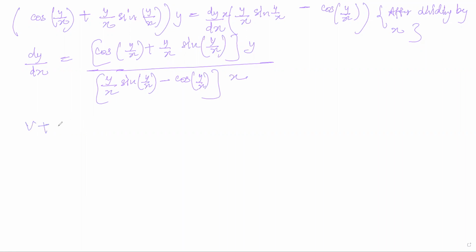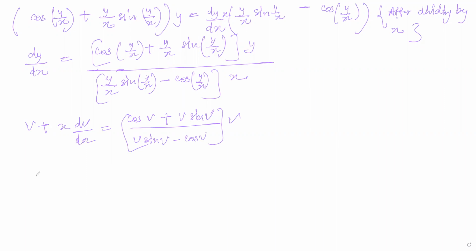Just replace directly. So we have cos v plus v sine v divided by v sine v minus cos v into y by x is v.